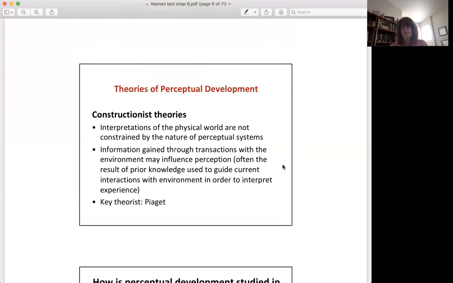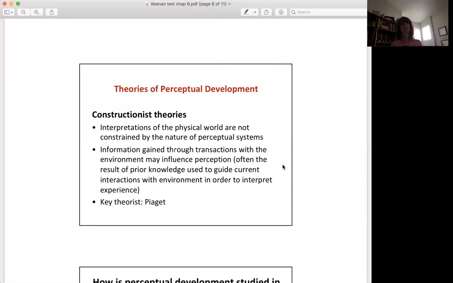Another theory that we talk about in education is the constructionist theory. How we interpret the physical world is not necessarily constrained by the nature of our perceptive systems.